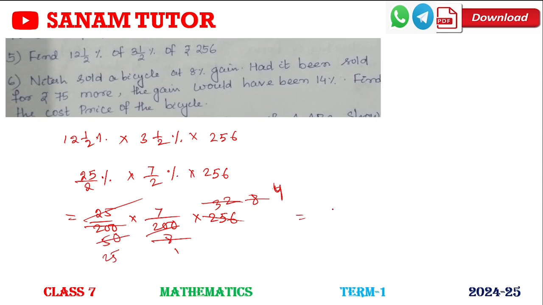So 7 4 ja 28, 28 divided by 25. Okay, so if we convert into rupees, paisa, then we multiply by 100. So 25 4 ja 100. So 28 4 ja, 4 8 ja 32, carry 3, 4 2 ja 8, 3 11, 112 paisa.